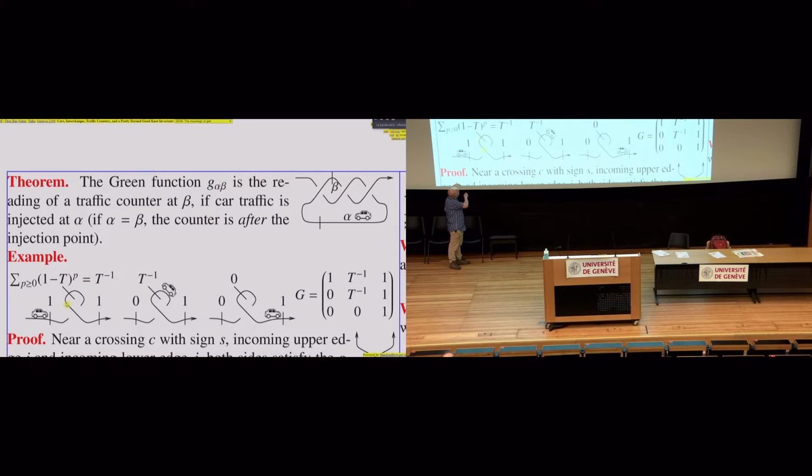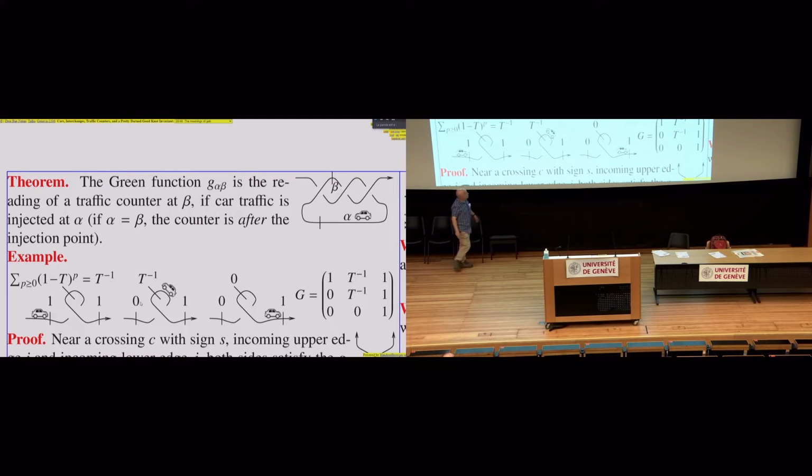And then the car continues, and with probability 1 minus t, it will fall again. So with probability 1 minus t squared, we'll get an additional contribution to the counting here of 1 minus t squared. And in general, the car might loop around a certain number of times, so the counter here will count the sum over all p, the number of times you went around, of 1 minus t to the p, and this is a sum of a geometric series, and it sums to t to the minus 1.